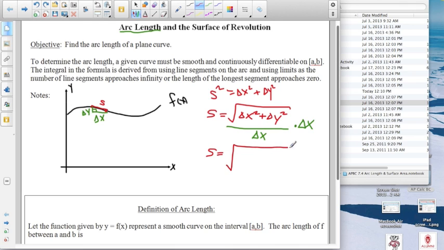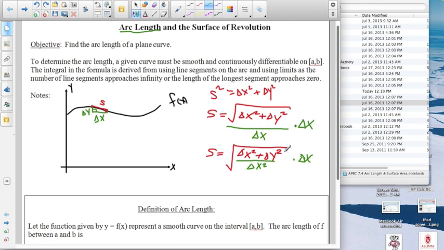So this expression now becomes the square root of delta x squared plus delta y squared over delta x squared, and that's just to get the denominator inside the radical times delta x.